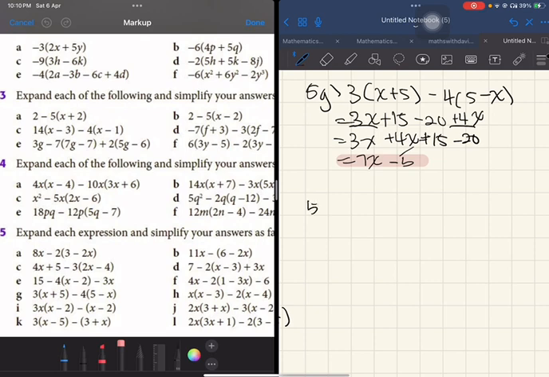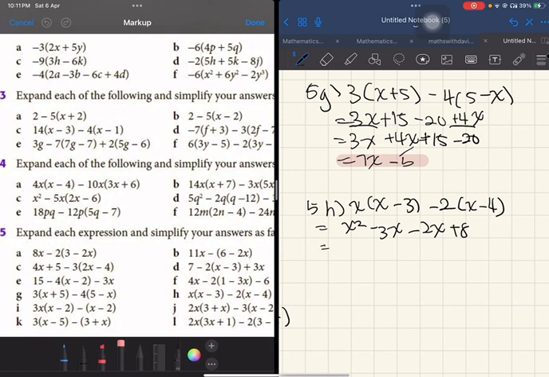Now for question H, x times the bracket x minus 3, minus 2 times the bracket x minus 4. x times x is x squared, x times negative 3 is negative 3x, negative 2 times x, we get negative 2x, negative times negative is positive, so it's positive 8.